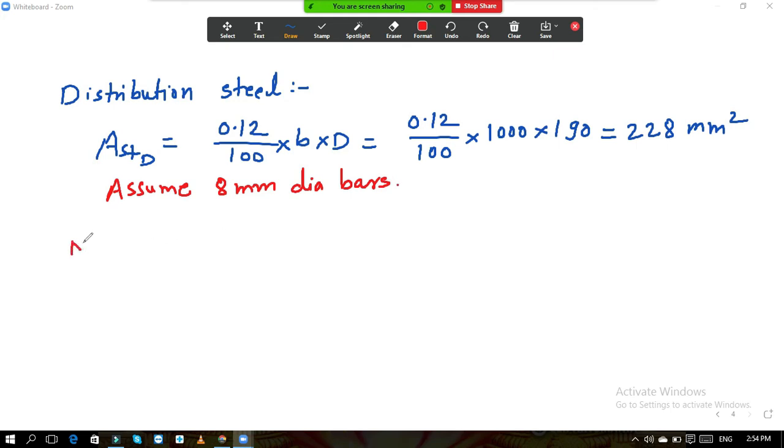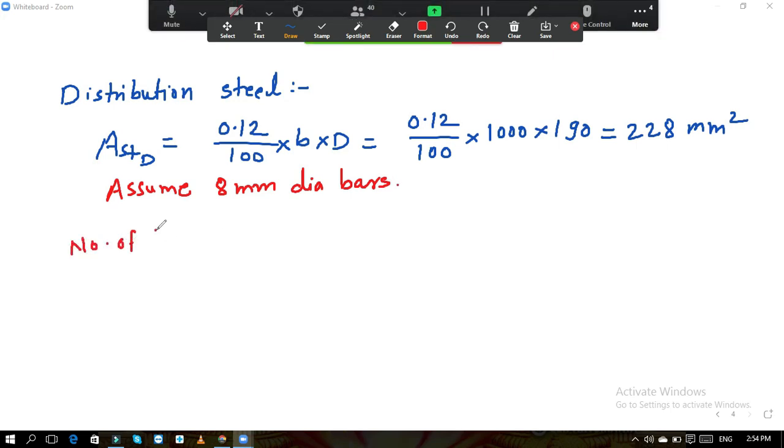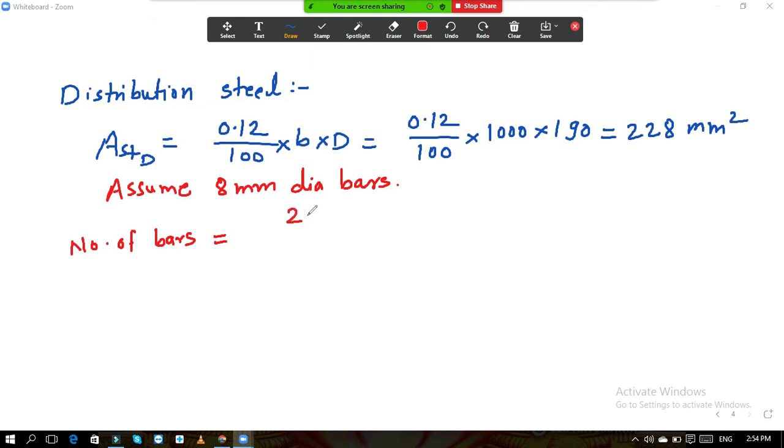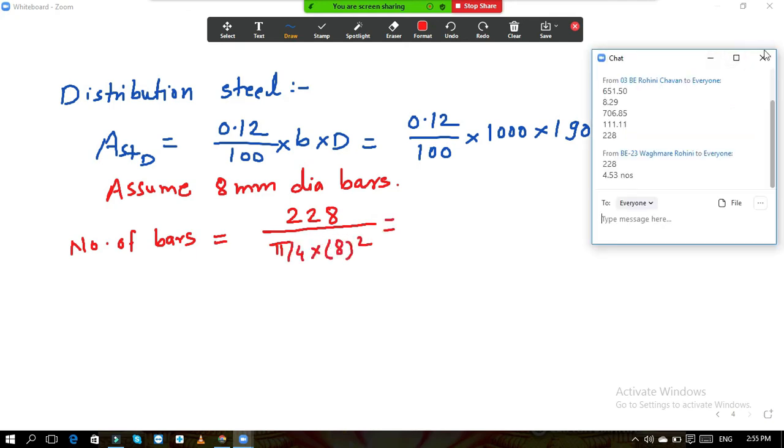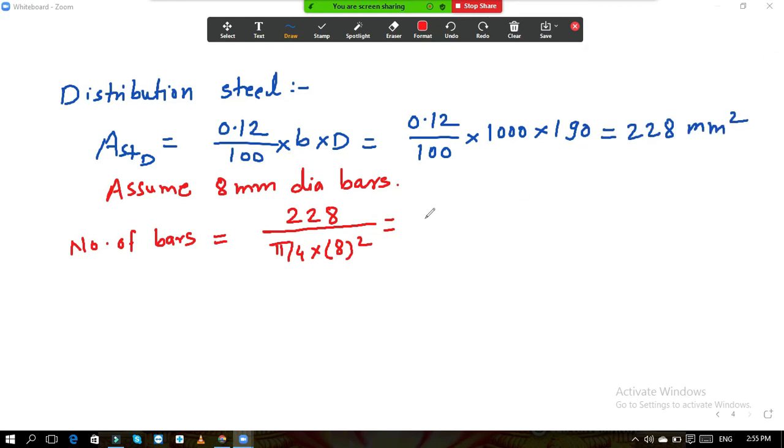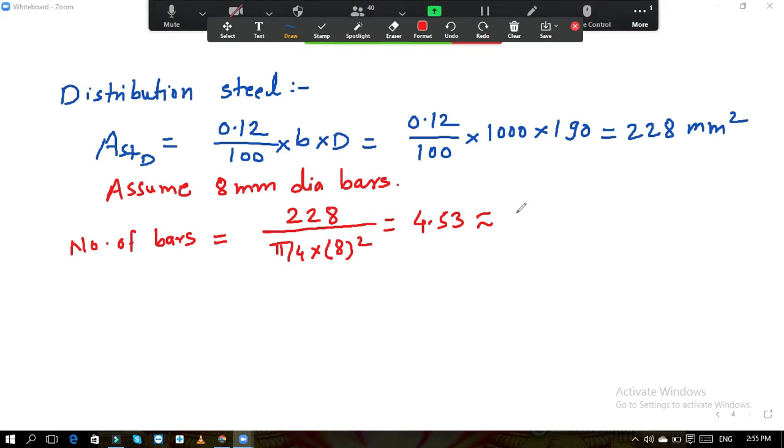So number of bars is equal to 228 divided by area of single bar, which is 4.53. 4.53 we will clearly round up to 5.